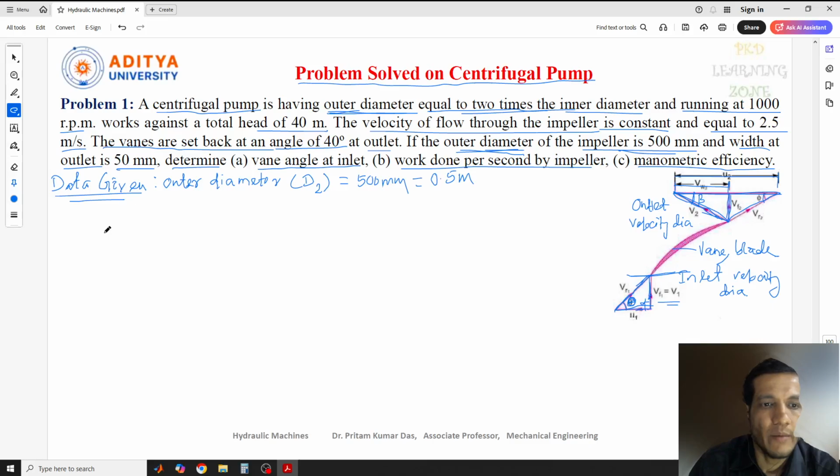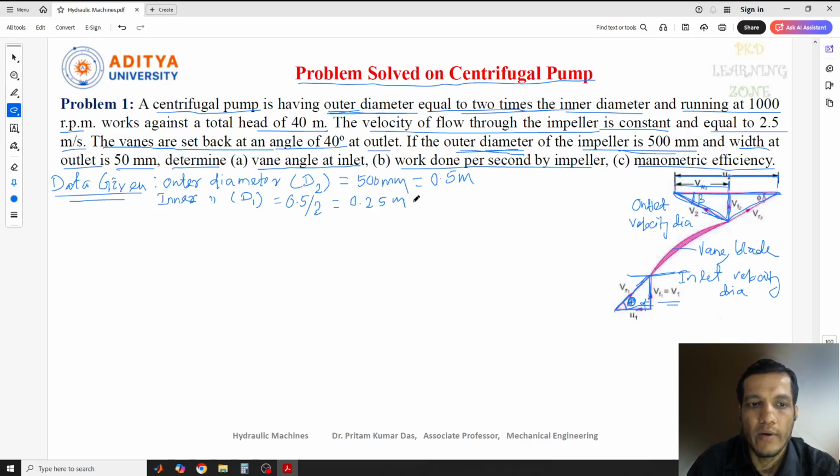Then the inner diameter we can also find from here. As per the statement, the inner diameter, denoted by D1, is half of the outer diameter. So half means 0.5 divided by 2, so this is 0.25 meter.